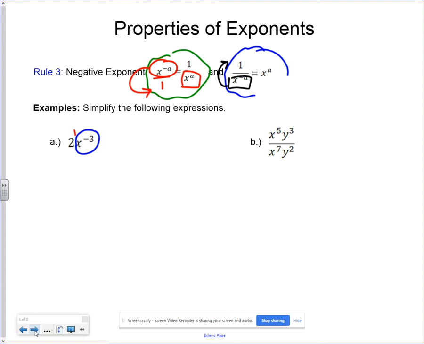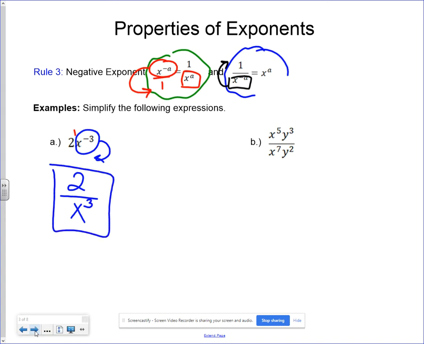A common mistake that I see people do on this one, they think the negative 3 is on both the x and the 2, but it's really just on the x. Since it's just on the x, the 2 is going to stay in the numerator, and x to the negative 3 is going to go down to the bottom and become positive. So this is my final answer.